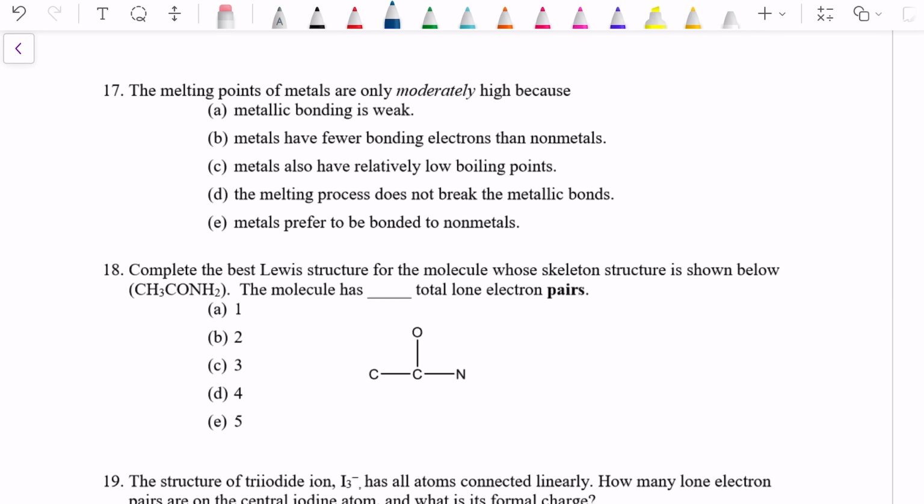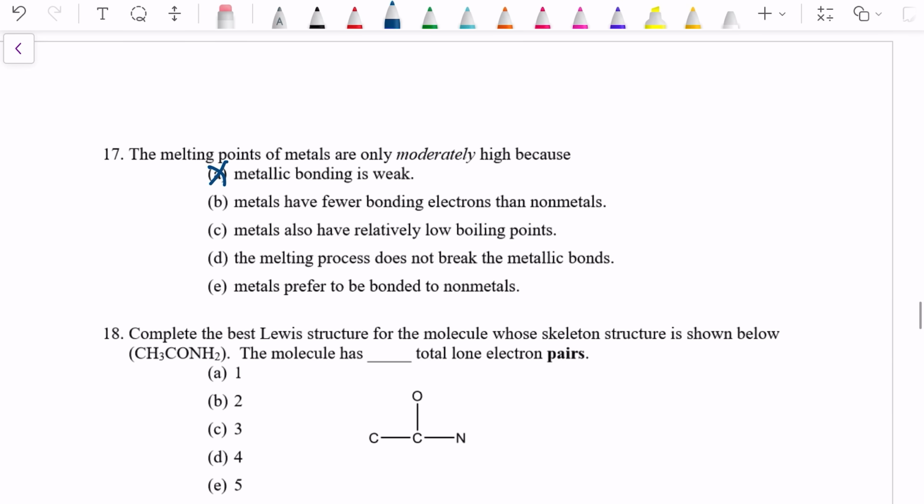17. The melting points of metals are only moderately high because metallic bonding is weak. That's not true. Metallic bonds are pretty strong. Metals have fewer bonding electrons than non-metals.